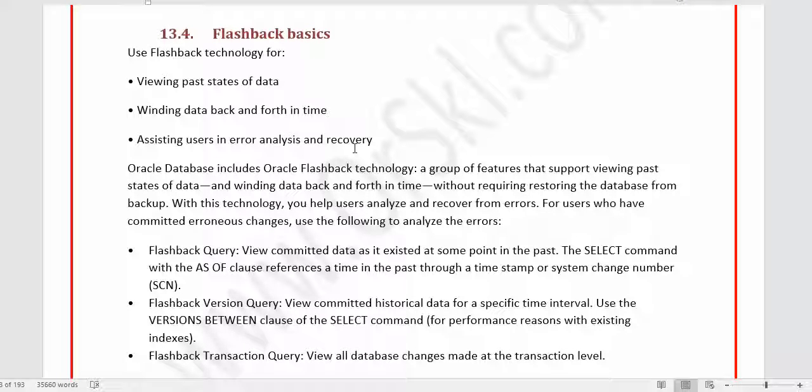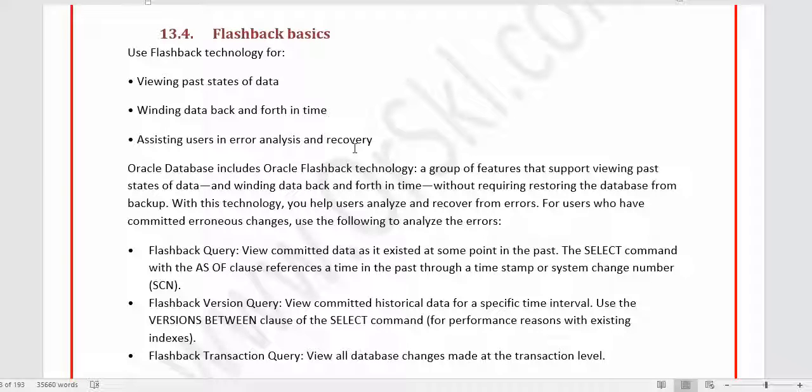One thing that you already know is, if a user is performing a delete or update, he has an option to issue a commit or rollback. If he wants to rewind the transaction, he will issue rollback. If he wants to save the transaction, he will issue commit.